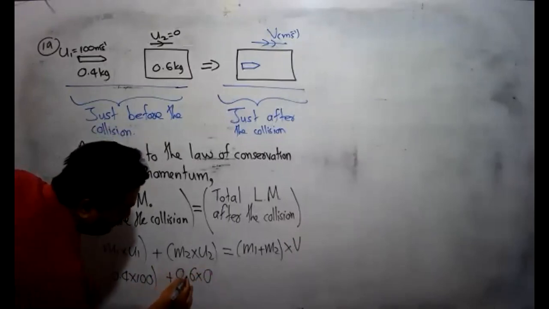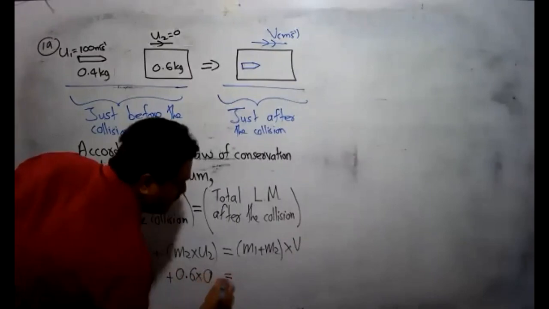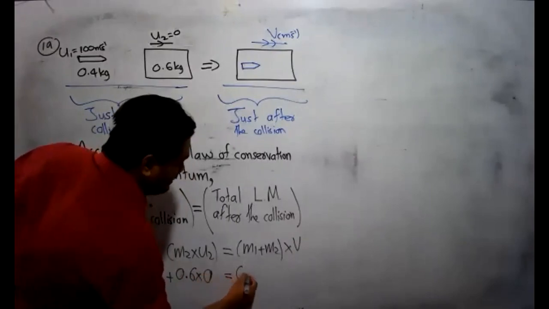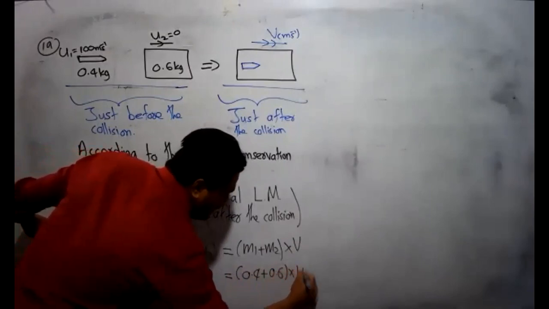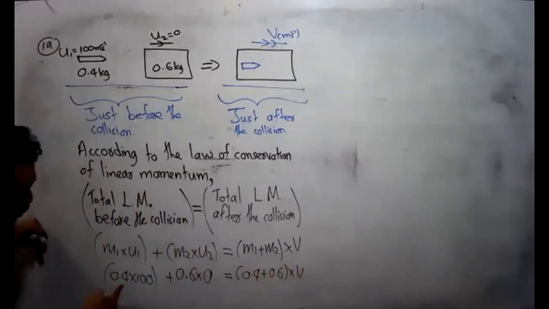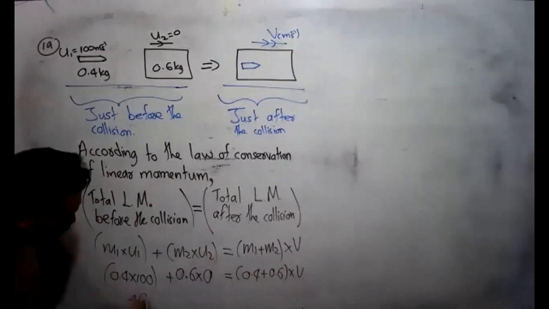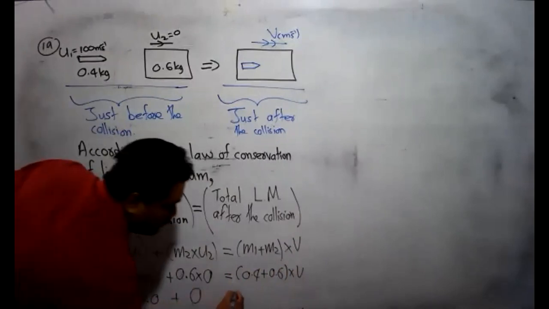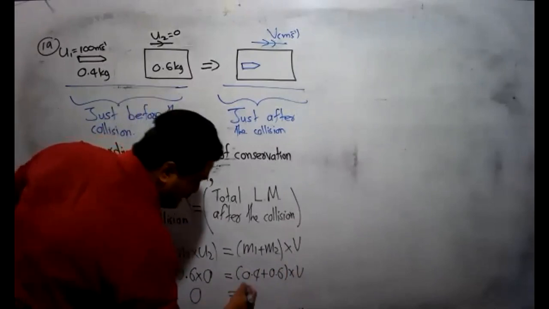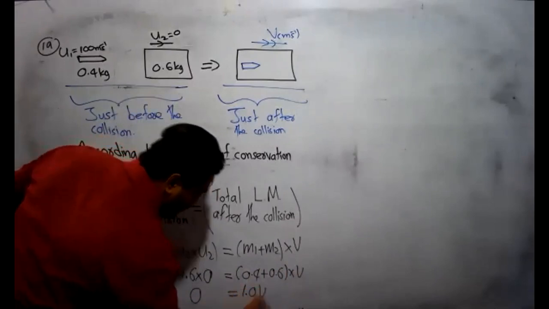So 0.4 into 100 is 40.0. 0 into anything, 0. 0.4 plus 0.6 is 1.0.